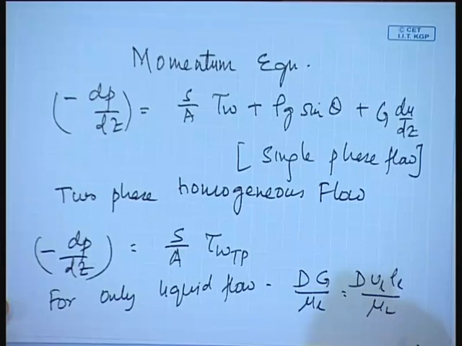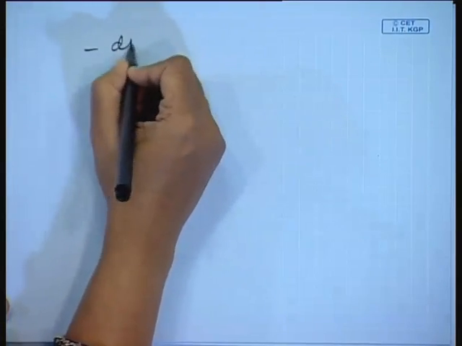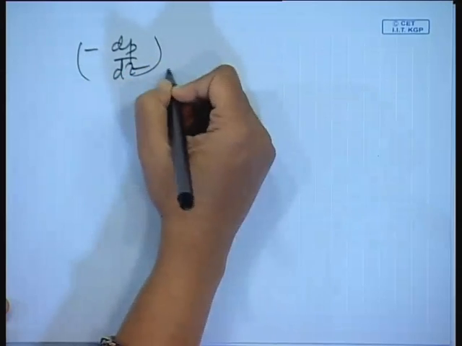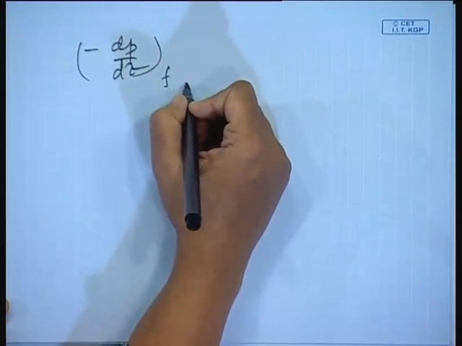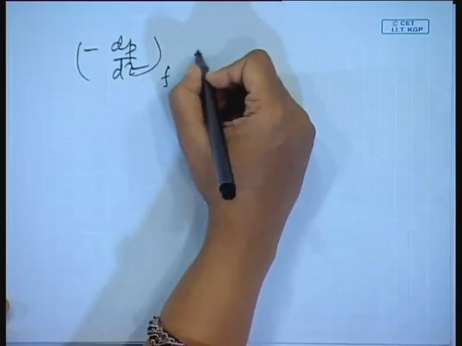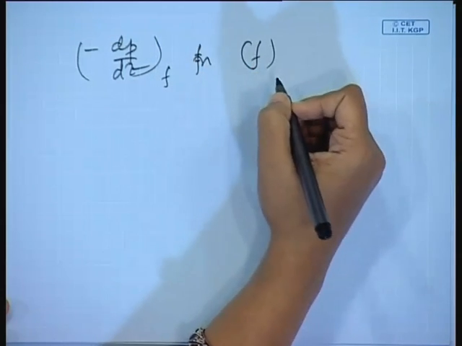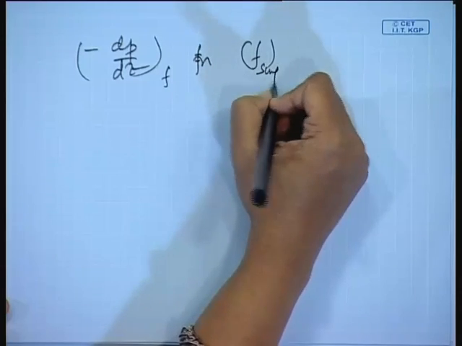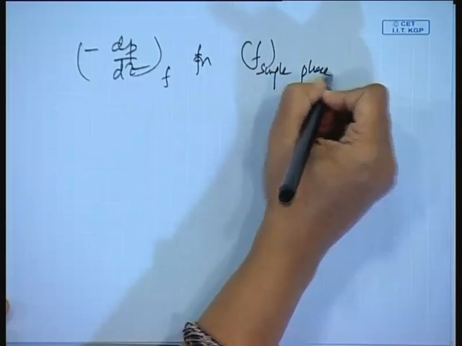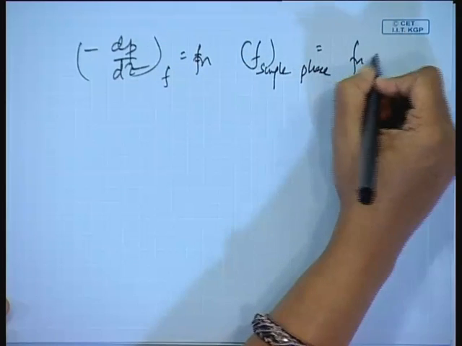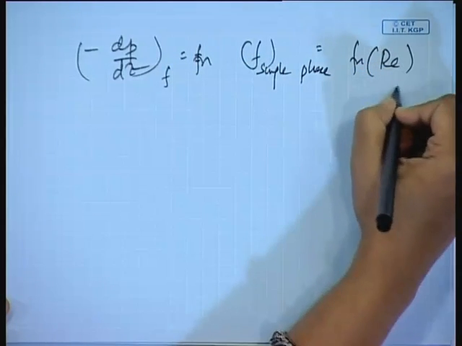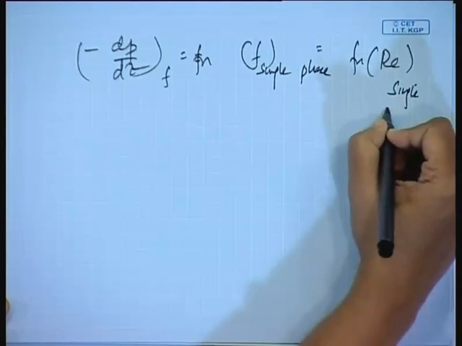For two phase flow, then naturally what happens, the frictional pressure gradient dP dz, say frictional, for single phase flow is nothing but a function of your friction factor single phase, which is a function of Reynolds number single phase.